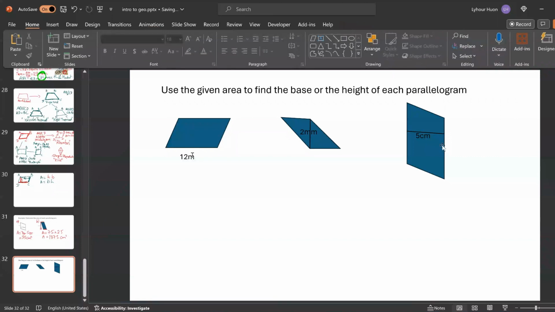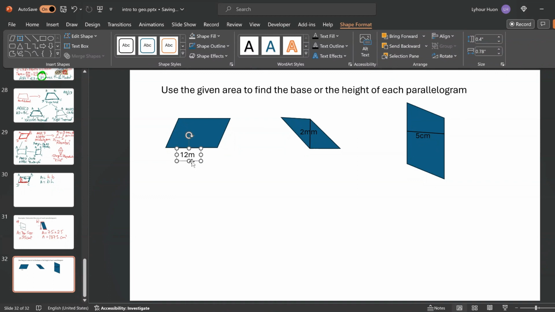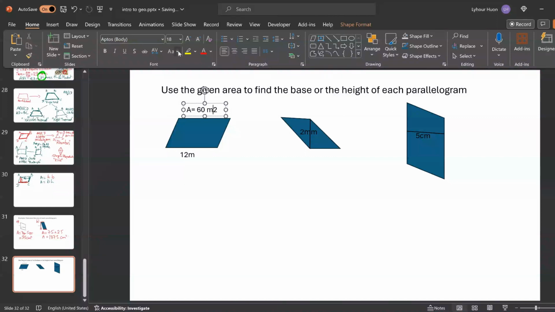Take a little time so that this area, area equal to 60 meter square. Okay. And assume this is square. Okay. And this is 6 millimeters square.